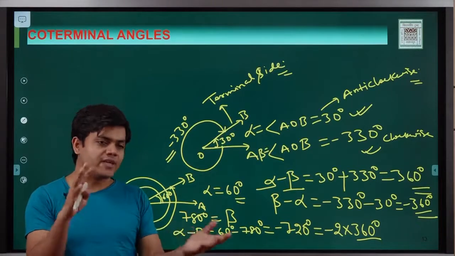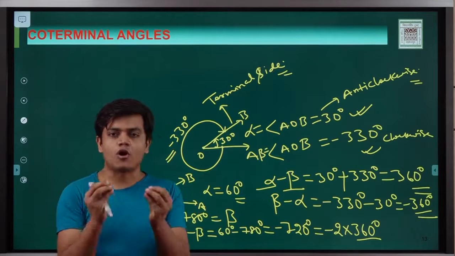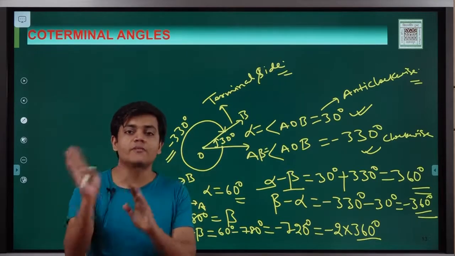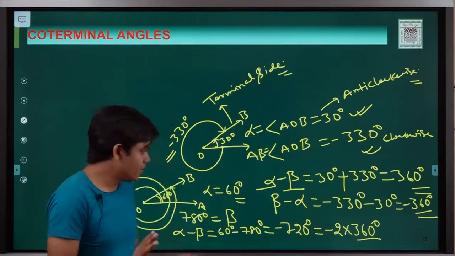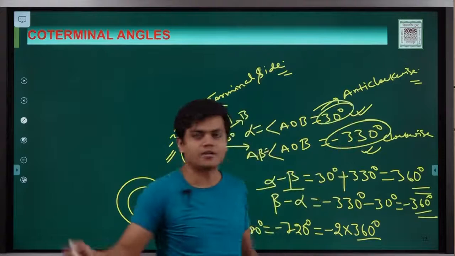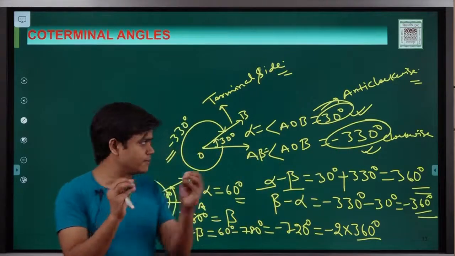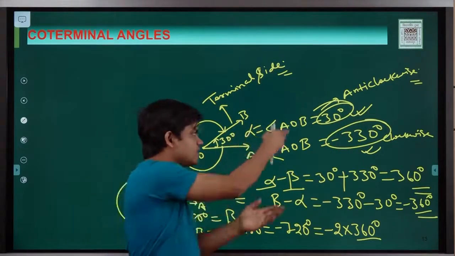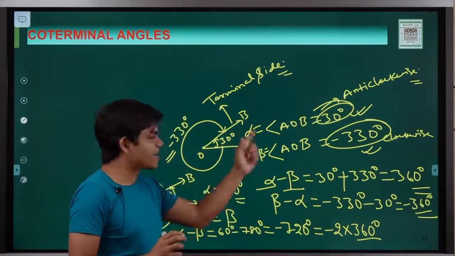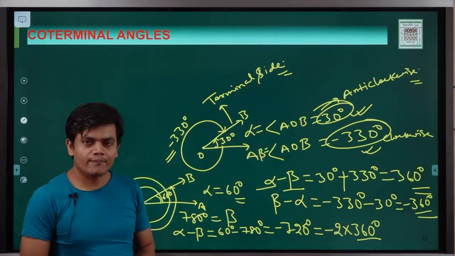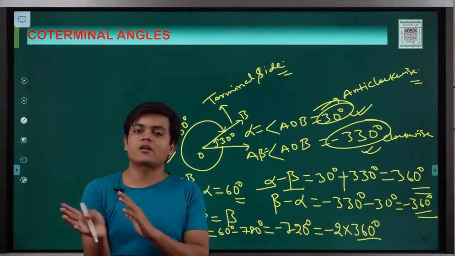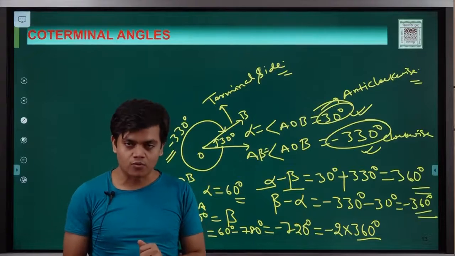But coterminal angles do not mean equal angles, because this is minus 330 degrees and this is plus 30 degrees. We cannot say both are equal, but yes, their terminal side is the same. So equal angles are coterminal angles, but coterminal angles are not necessarily equal.